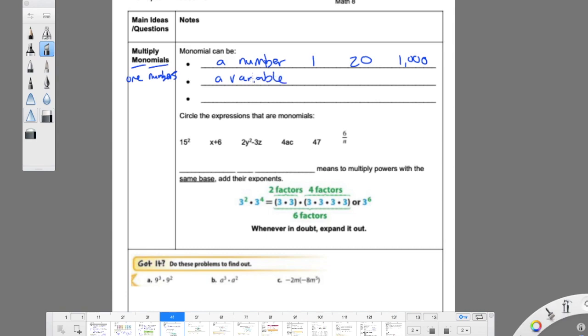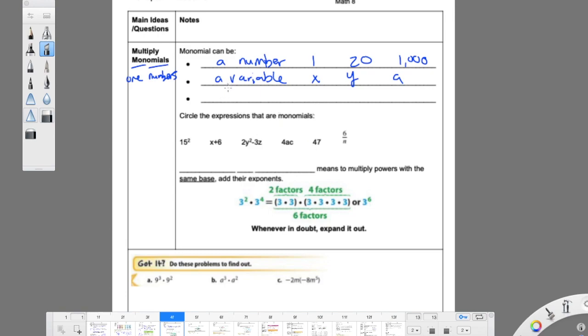So any number or any variable, so it can be x, y, a, doesn't matter what it is. And remember, a variable is just a placeholder. We just don't know what that number is yet, but it's holding a place for a number. So instead of using a blank area, we use x or y or a or whatever letter we feel like using.